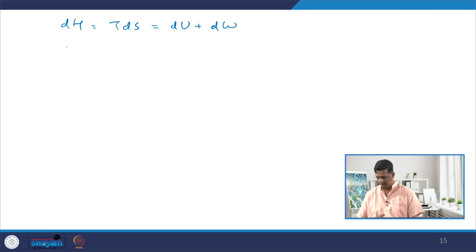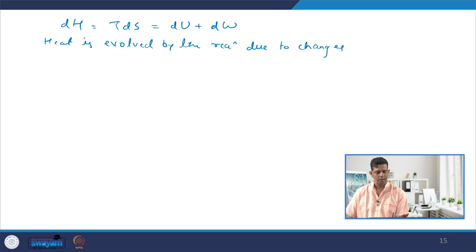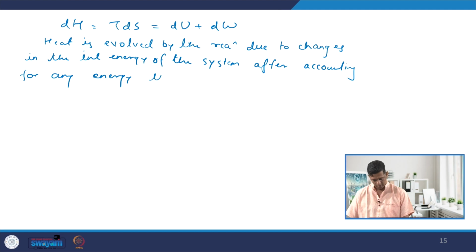It is a general dW that we have written, and we can say that heat is evolved by the reaction due to changes in the internal energy of the system after accounting for any energy that goes to the work.